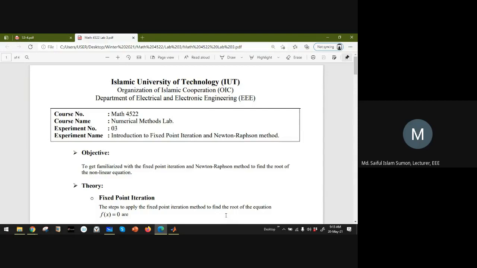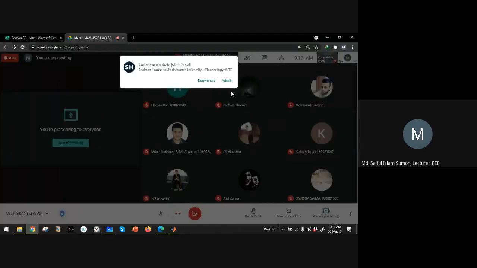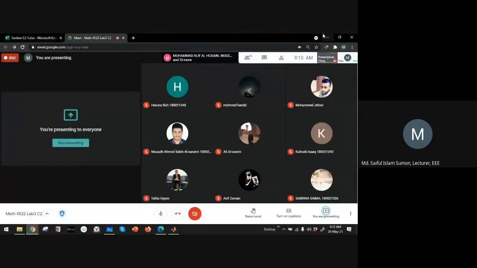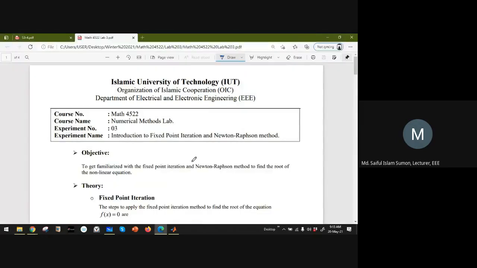One is the fixed point iteration method, and another is the Newton-Raphson method.